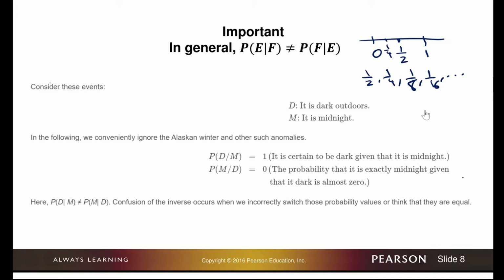So midnight itself, which is exactly 12 a.m., is just one of those infinitely many instances where it could be dark outside. Okay, so always remember, the order here is very important. The probability of one event given a second event is not going to be the same as the probability of the second event given the first event.